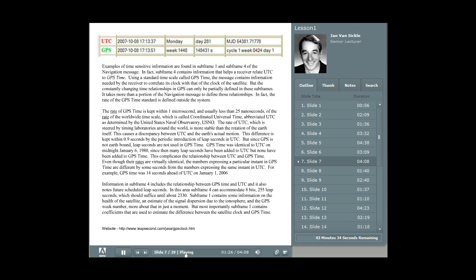But since then, there have been leap seconds added, and currently GPS time is exactly 14 seconds ahead of Coordinated Universal Time. That is complicating the relationship, I guess, a little bit, but perhaps the most important thing to remember is that the rate of GPS time is the same as the rate of UTC.